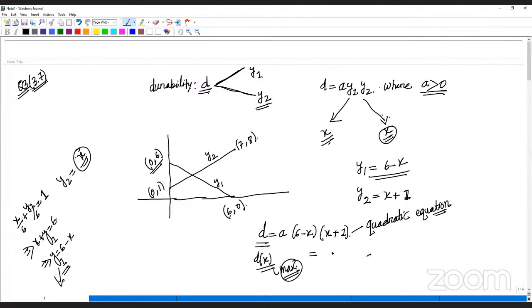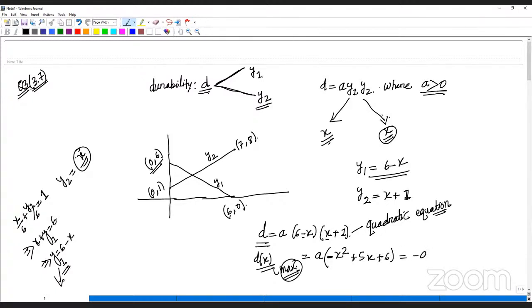It should be minus x square, because you have a minus here and a minus x. So if you take a into x square plus 5x plus 6, the vertex is 5 by 2.